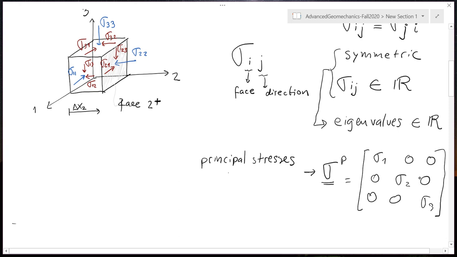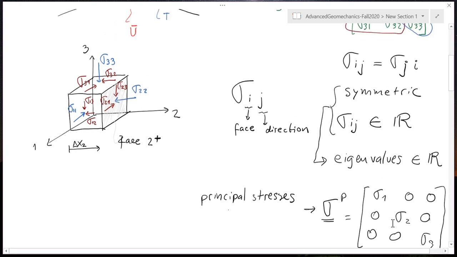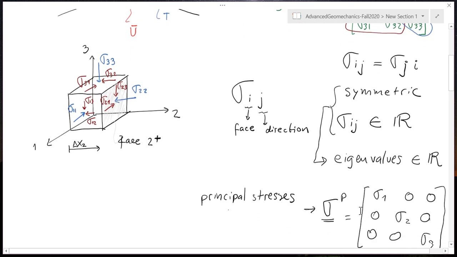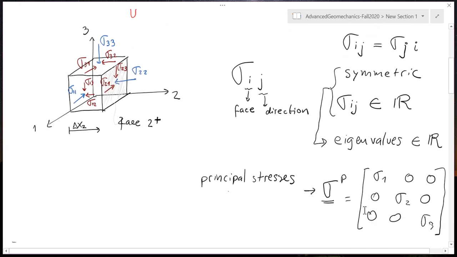You should keep in mind that this is the same stress tensor as the one we had before, with non-zero values in the diagonal. But the only thing that we are doing is just looking at the direction such that the stress tensor now can be written just with these three principal values.